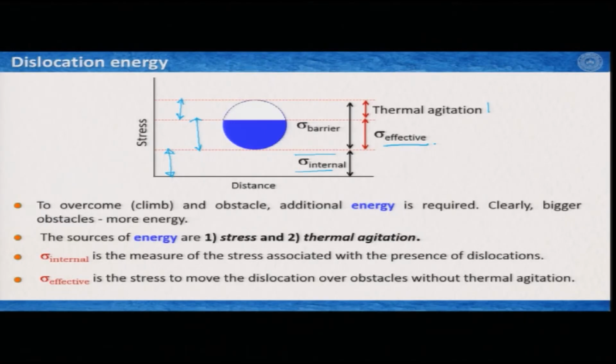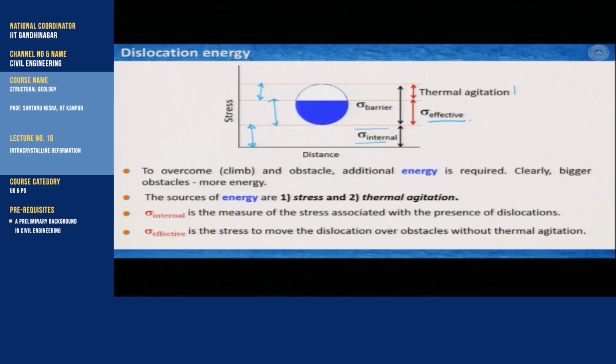So, we can see that primarily the crystal has energy within it in the form of dislocations, which we call sigma internal, and then the rest of the energy required to climb the obstacles is sigma barrier, and the sigma barrier is achieved by a combination of the effective stress and some thermal agitation.